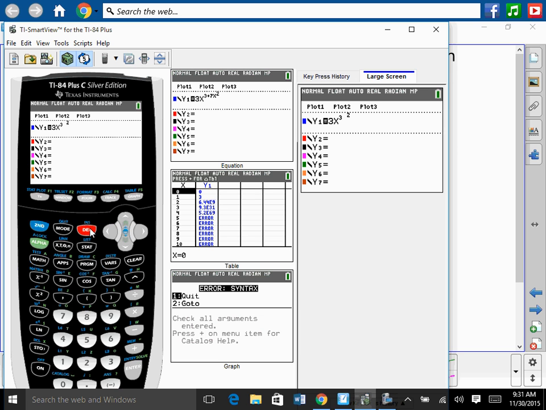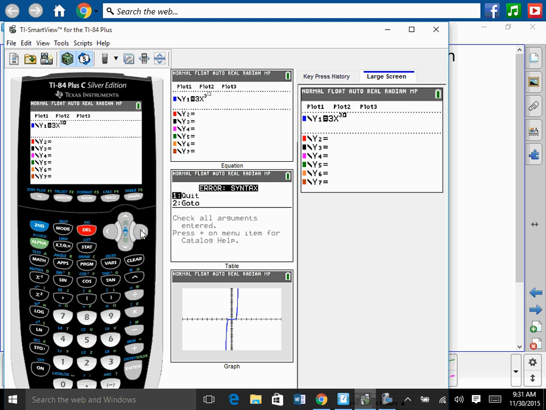They're a bigger pain in the butt. Okay, there we go. 3x cubed. I don't know if it's going to say error if I don't delete that box. We'll see. Okay, there we go. 3x cubed plus 7x squared plus 6x minus 8. And I hit graph.